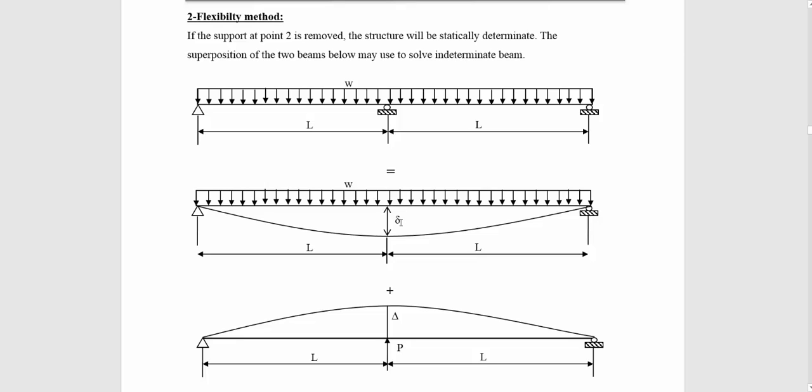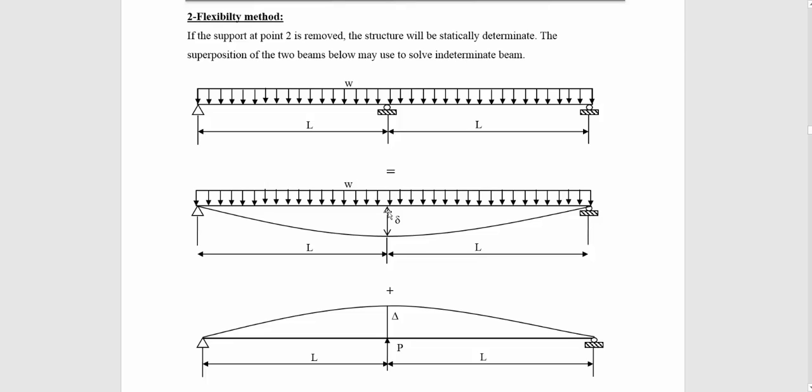Now, the idea of the flexibility method is to use a concentrated load P at the location of the removed reaction. This force prevents this beam from deforming at joint 2.